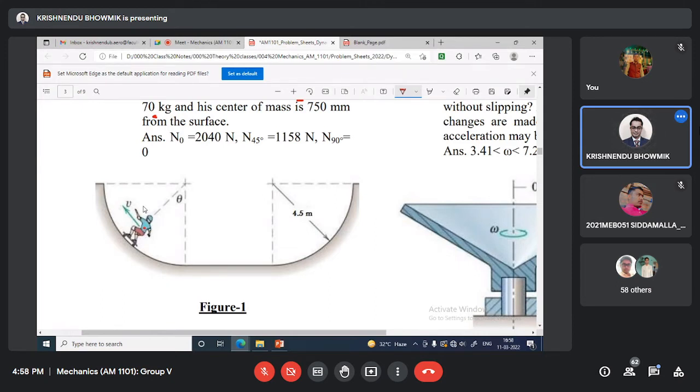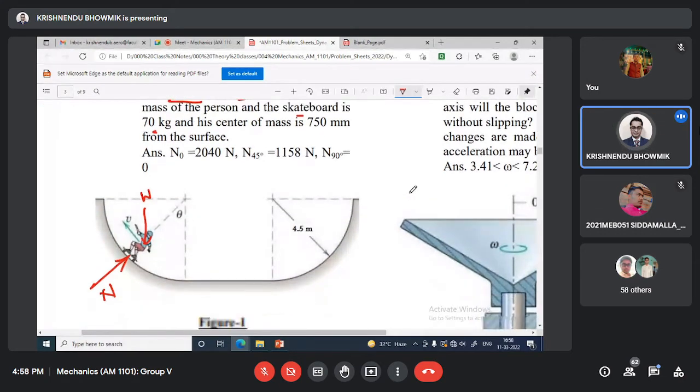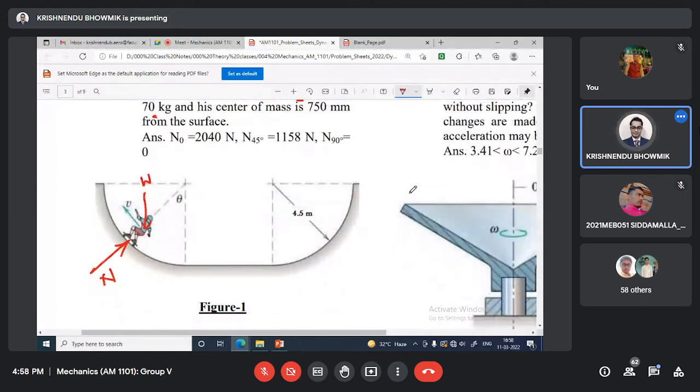This is the weight W, and this is the normal reaction N. Without friction, he cannot move upward, so let there be some friction F here.